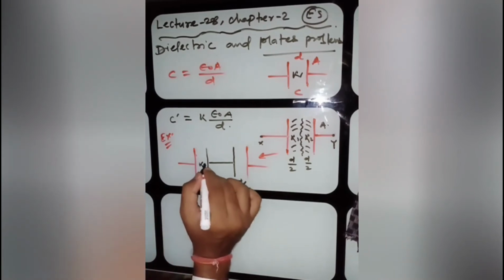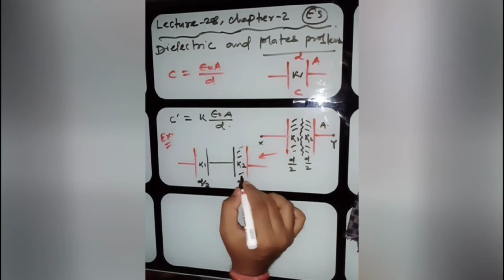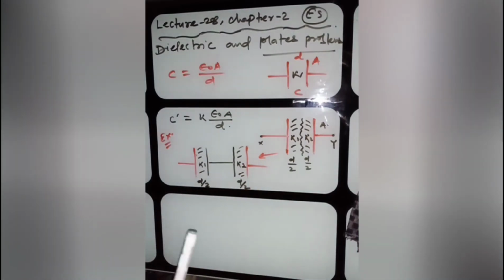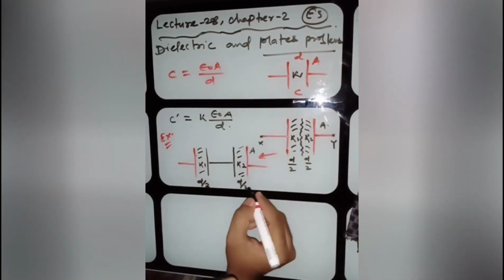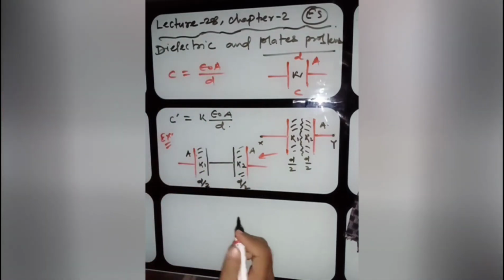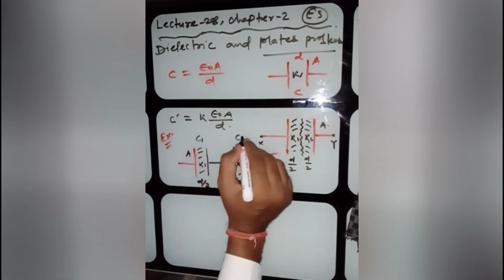Now this is one capacitor with dielectric K1 and this is with K2. The plate area remains the same because we have cut it in this way. Suppose it is C1 and it is C2.